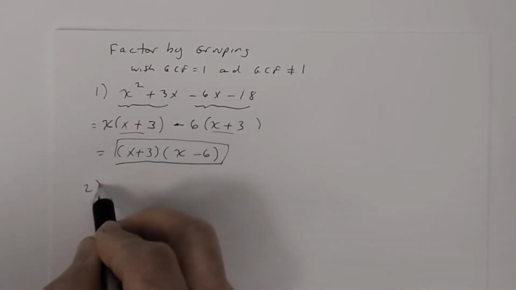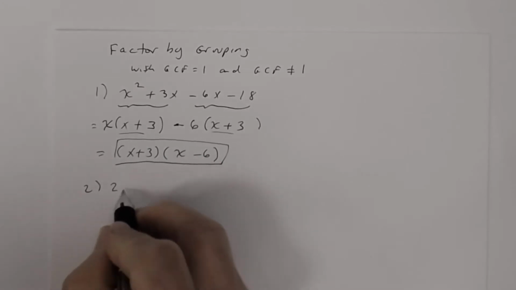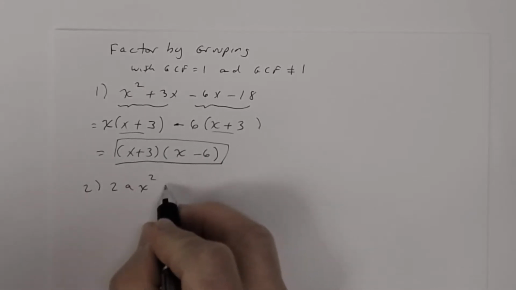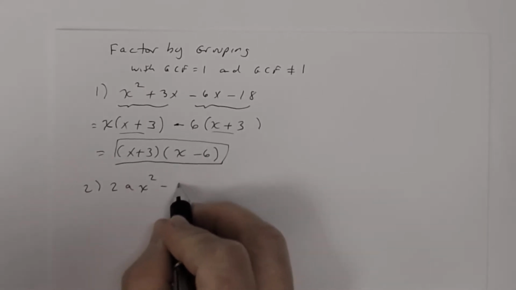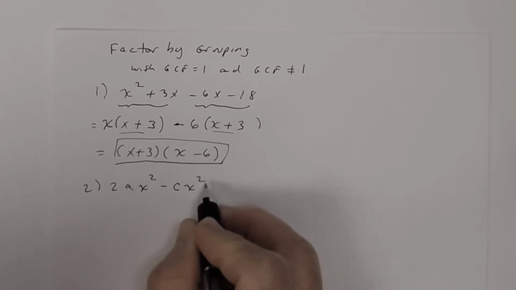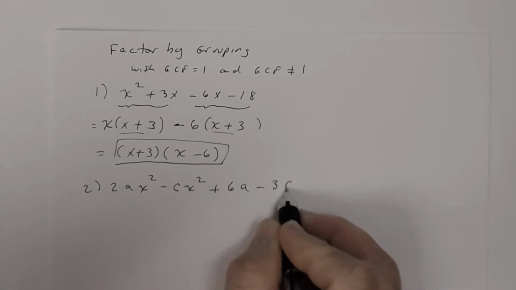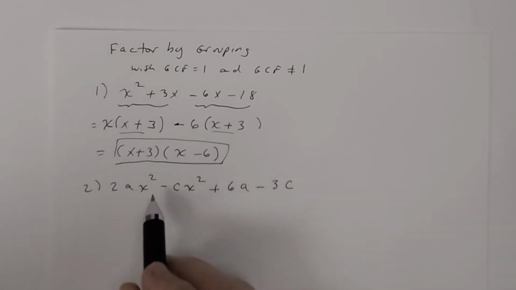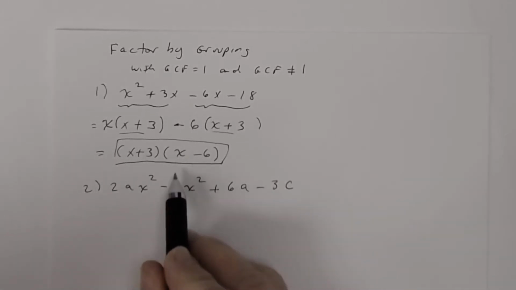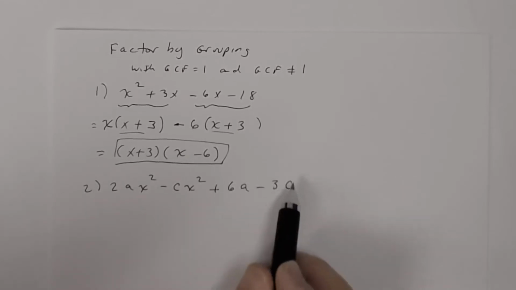Number 2, let's suppose we had 2ax squared minus cx squared plus 6a minus 3c. Again, notice you have 4 terms: 1, 2, 3, 4.